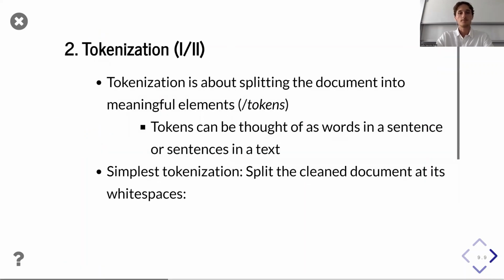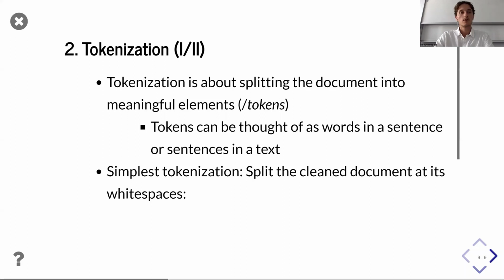Okay, so the second step in preprocessing is a step that you don't need to do every time. This depends on what problem you have, but you need to know what it is and what it does.